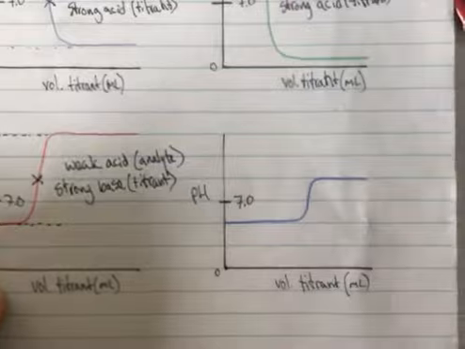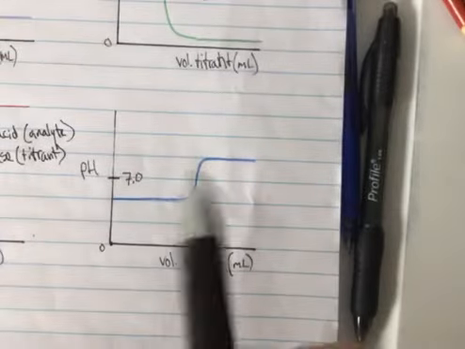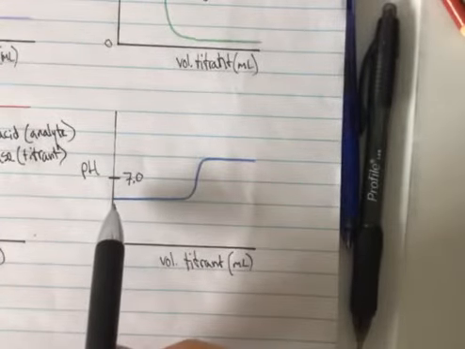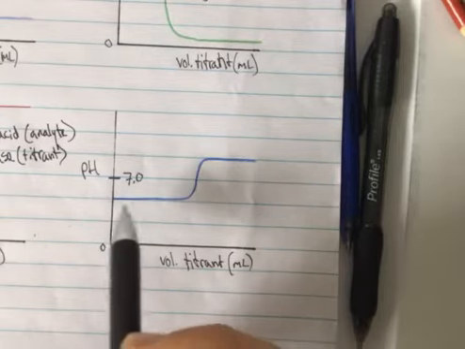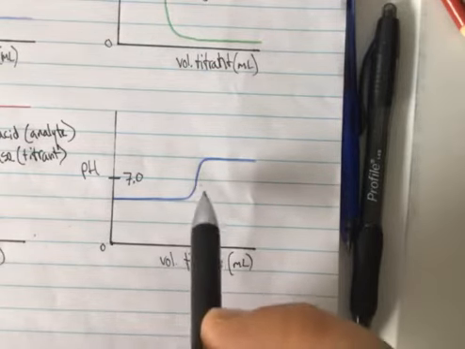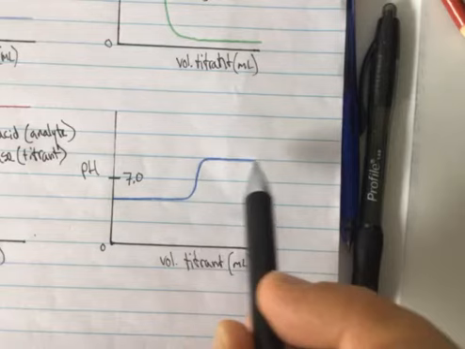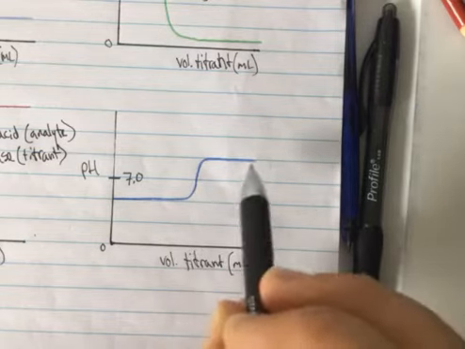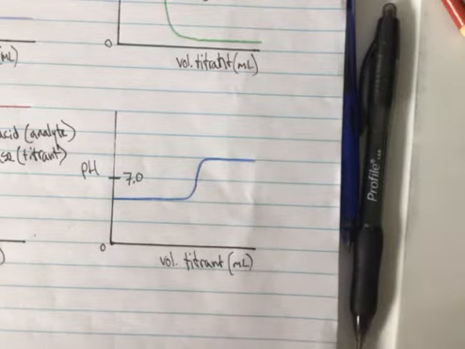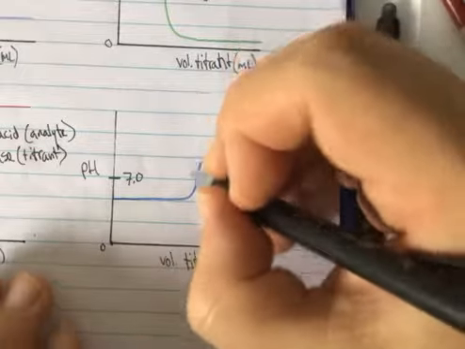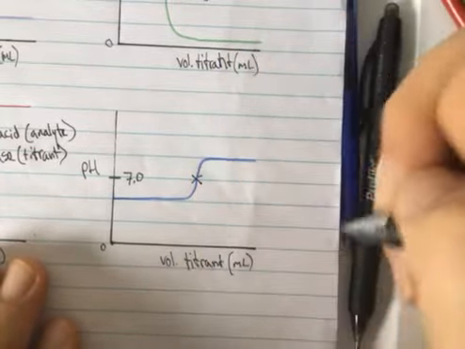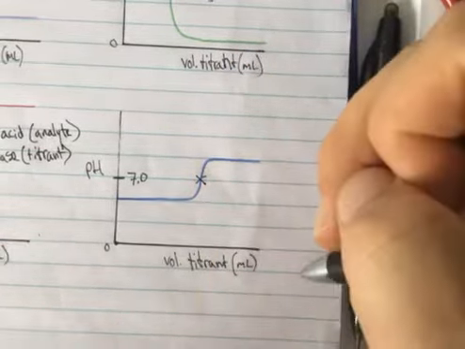Okay, and then the last one here. So we're starting off again somewhere in the neighborhood of pH 5, pH 4, adding some titrant. Things kind of move along, and it's going to be slightly basic as you add more titrant. So in other words, the inflection point should be right there at pH 7.